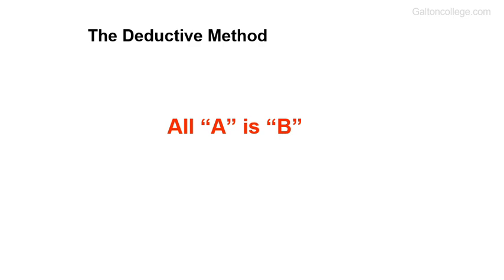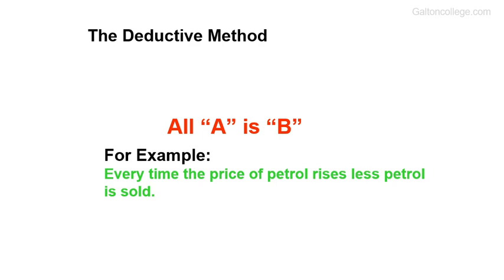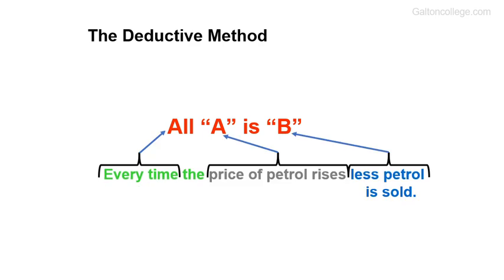Here's the deductive method. All A is B. Now, instead of sheep having white coats, we'll just say all A is B. All sheep have white coats. All A is B. We could say, in this case, every time the price of petrol rises, less petrol is sold. The price of petrol rises, that's A. Less petrol is sold, that's B. So we've broken up our sentence into symbols.